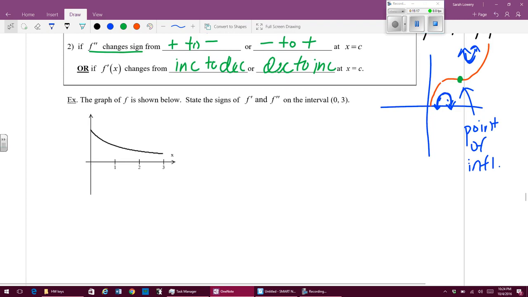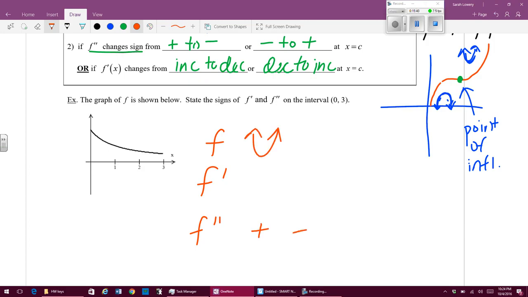My first example says, the graph of f is shown below. State the signs of f prime and f double prime on the interval. So recall our fun chart. Fun chart says f prime, f double prime. If f double prime is positive, we know f is concave up.